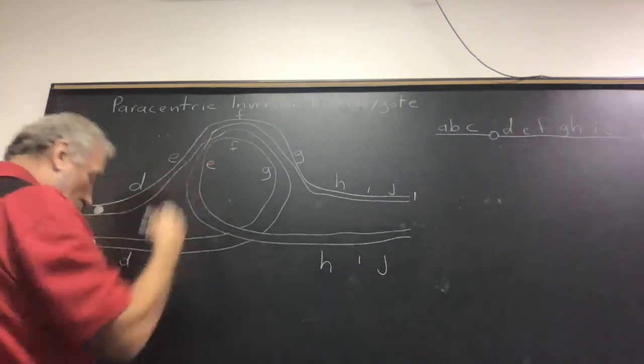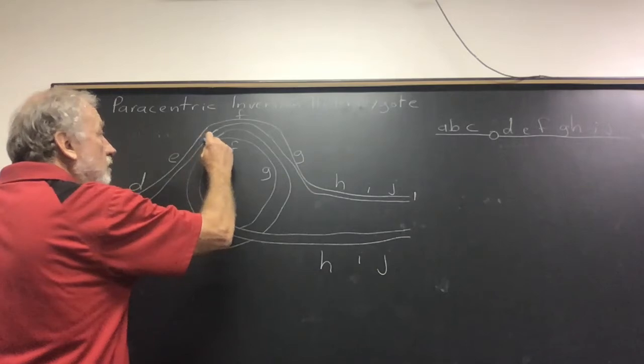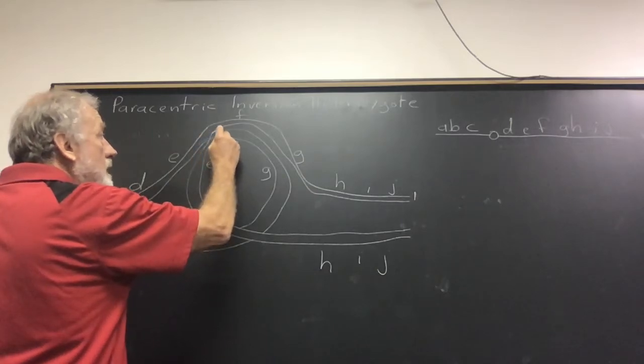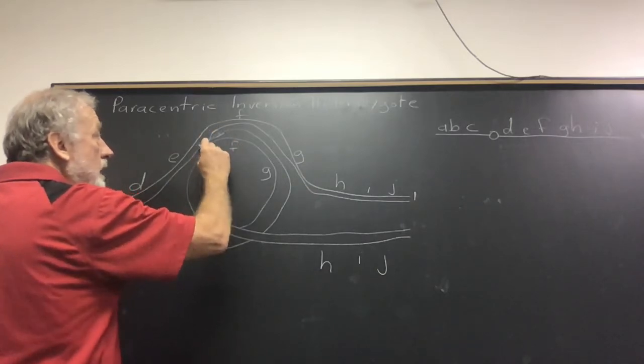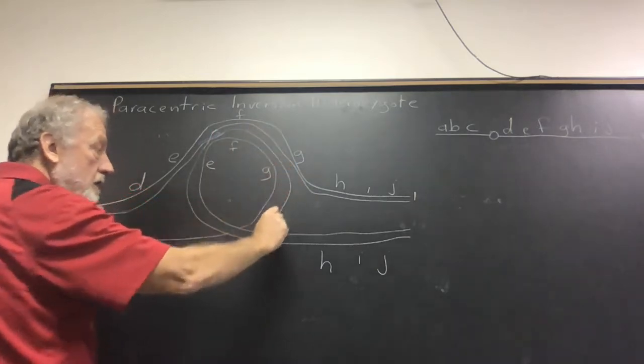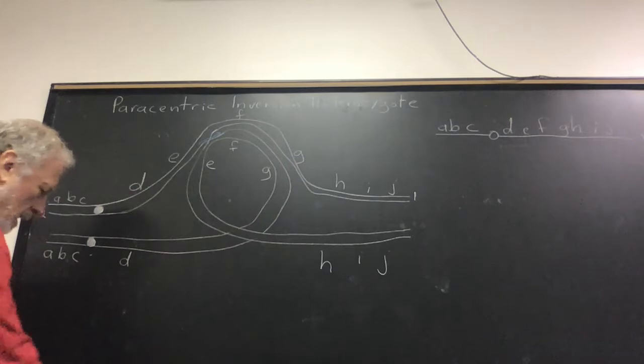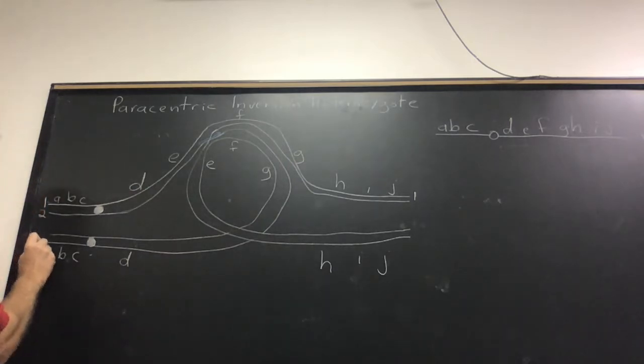Now when we get to the crossover, we have to follow it and go on to a different chromatid, like this blue arrow shows, and we come around like this, and we end up on the same side on the bottom.